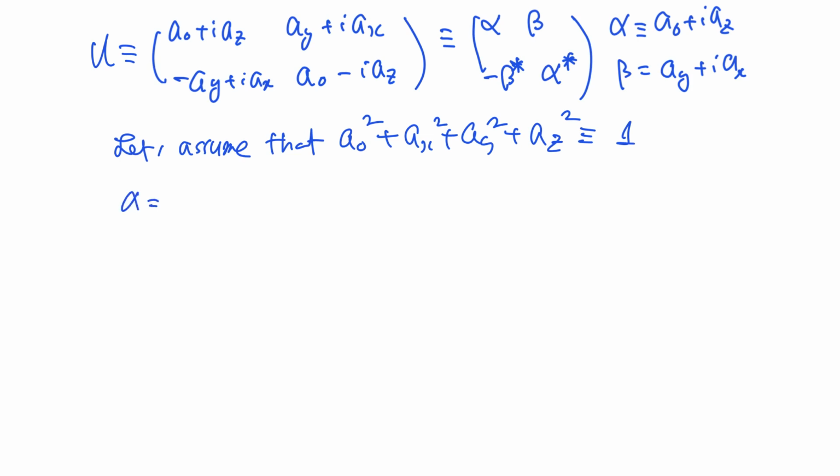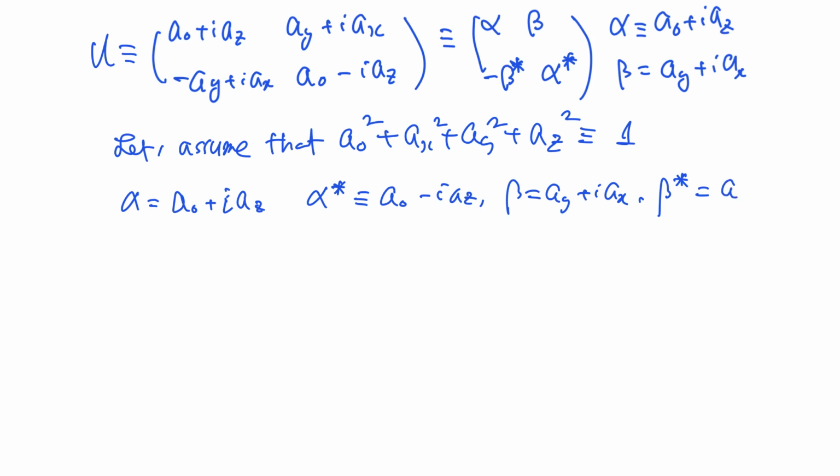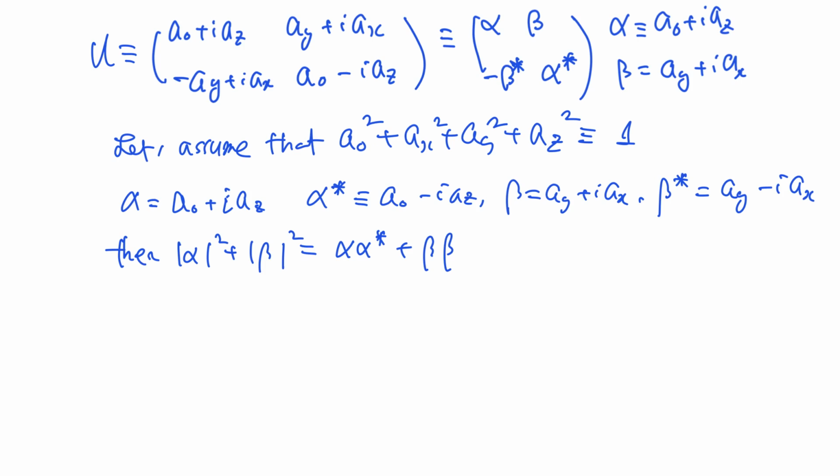Alpha is A0 plus iAZ. Alpha complex conjugate is A0 minus iAZ. Beta is AY plus iAX. Beta complex conjugate is AY minus iAX. Then alpha squared plus beta squared, meaning alpha times alpha complex conjugate plus beta times beta complex conjugate, which is what?